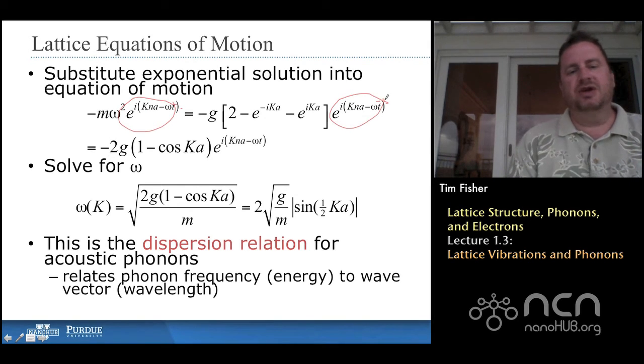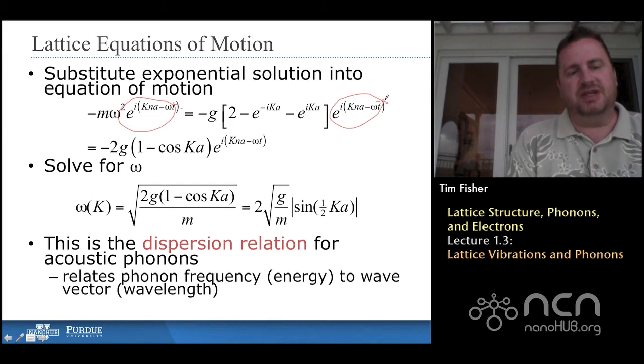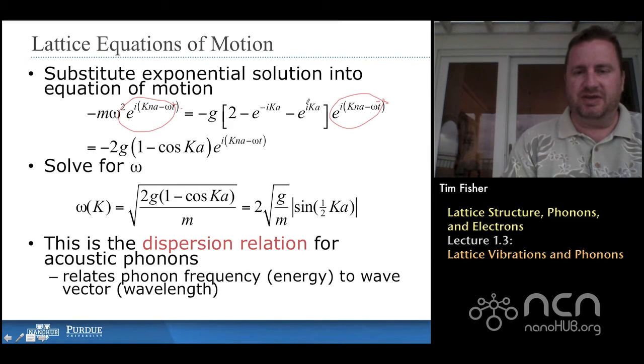And when they cancel, what we've done in essence is we've transformed the equation from the time domain and real space into the frequency domain and reciprocal space, because you'll see that the variable that's still sitting here is k, right? So this k becomes very important. Essentially, it represents the wavelength.